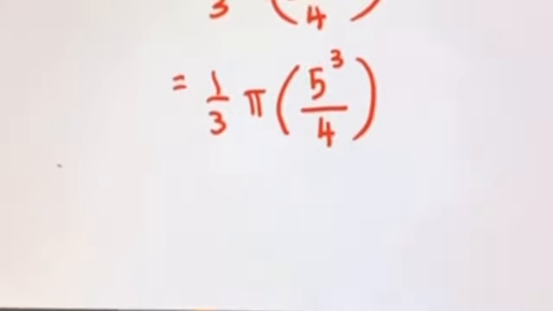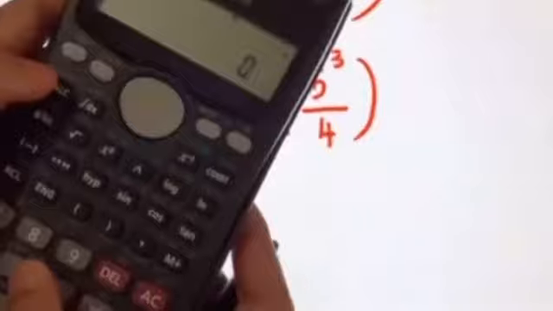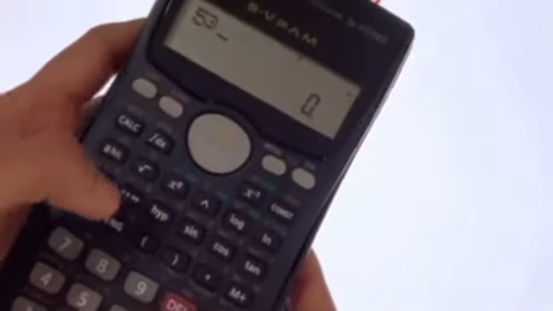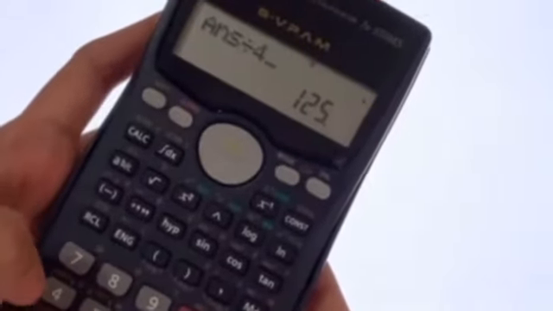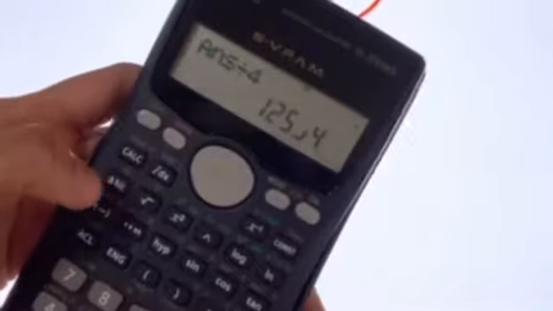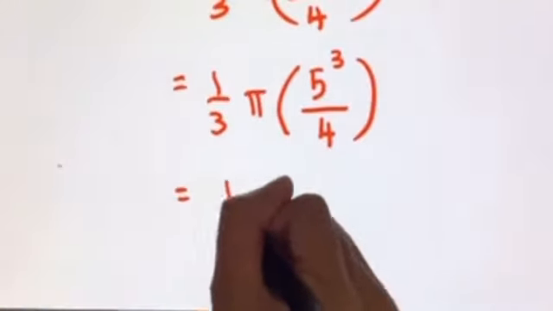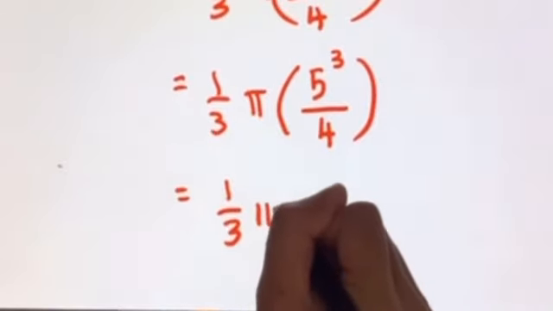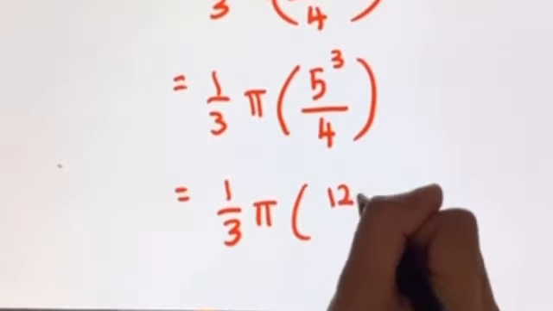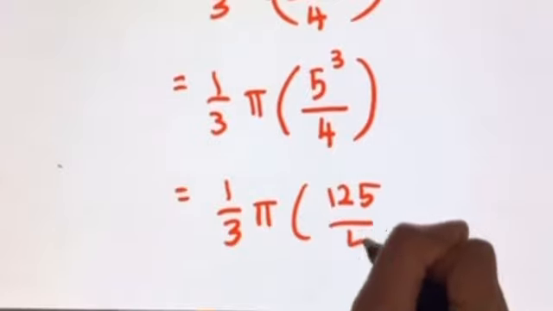Use a calculator. 5 cubed over 4, we get 125 over 4. So it is equal to 1 over 3 pi, 125 over 4.